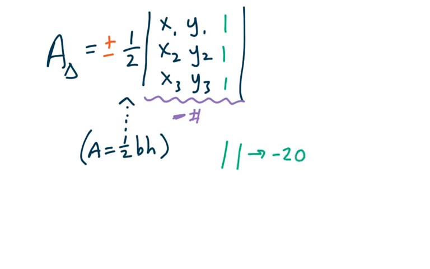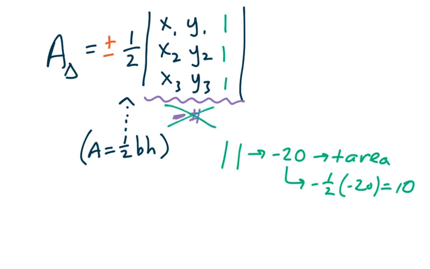So in order to make it a positive area, we're going to multiply our determinant by negative 1/2 instead of positive 1/2. And that's what gave us a positive 10. If our determinant is a positive number, well, then we can multiply by the positive 1/2 in the front. And that's how it works. Just set up a determinant with all 3 points here, ones in the last column, determinant, and then multiply in the front by either positive or negative 1/2.